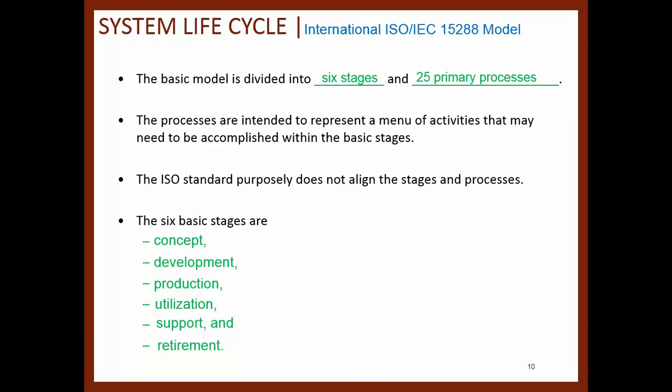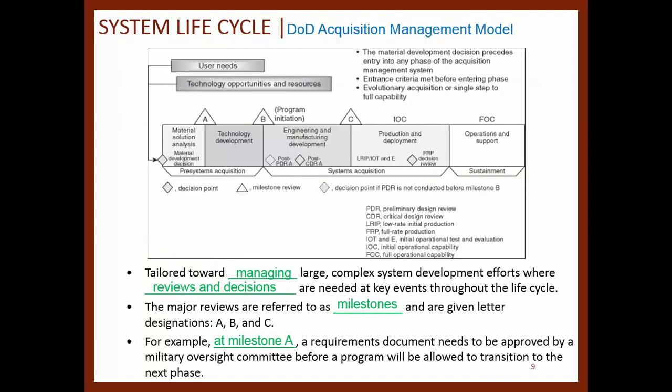So on the previous model, we don't have a stage denoted for this retirement phase or disposal of the equipment. In this one, that's taken into account. You see that the first 3 are kind of the same. Utilization and support can be operation and support in here.